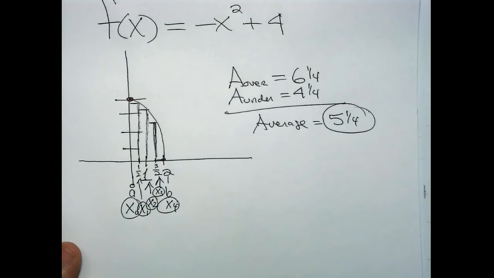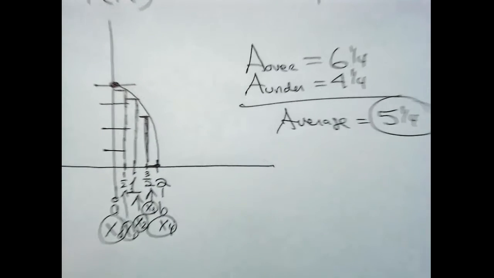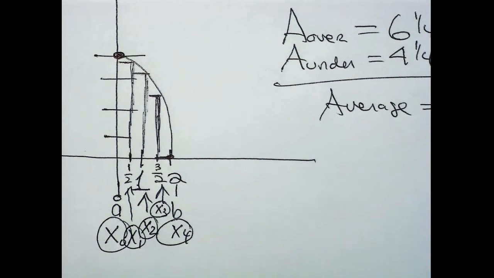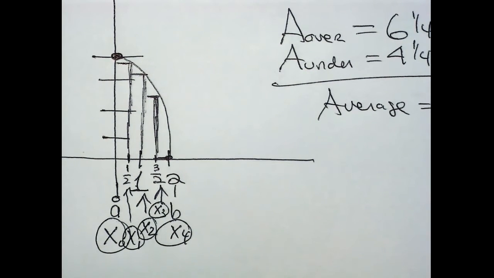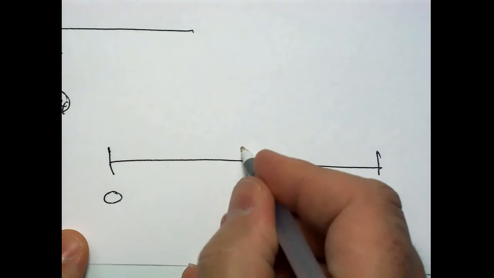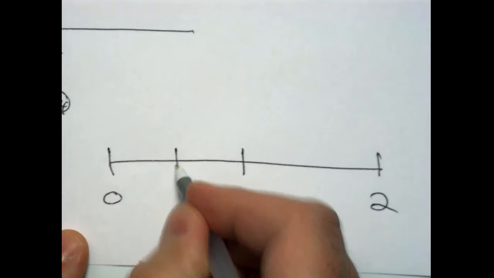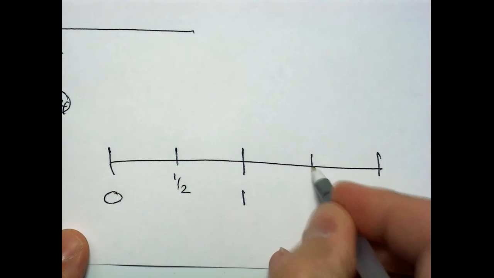Let's zoom in on that. Now it's getting a little tight in there, but I think what I'm going to do is perhaps zoom in on that little area there. Okay, so here's my 0. Here's my 2. And here's my 1. And here's my half. And here's my 3/2.